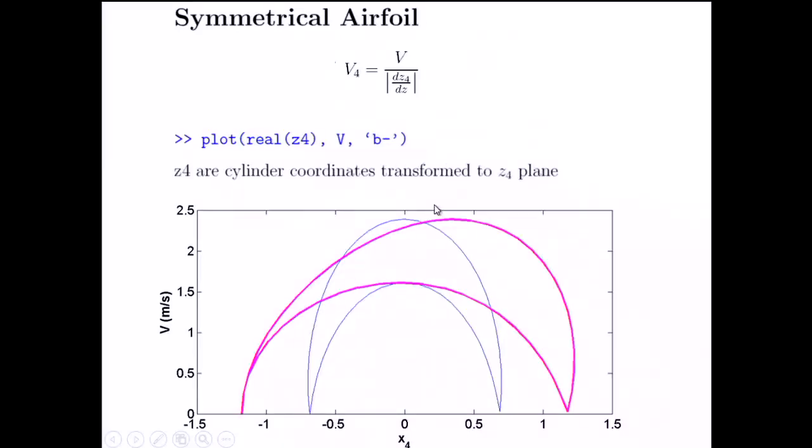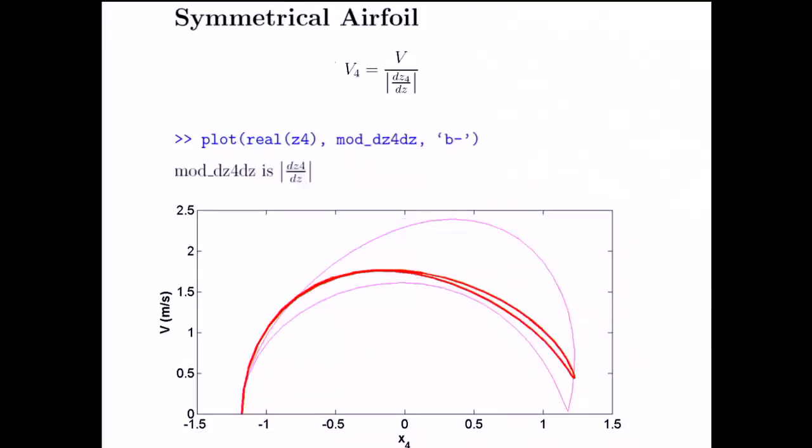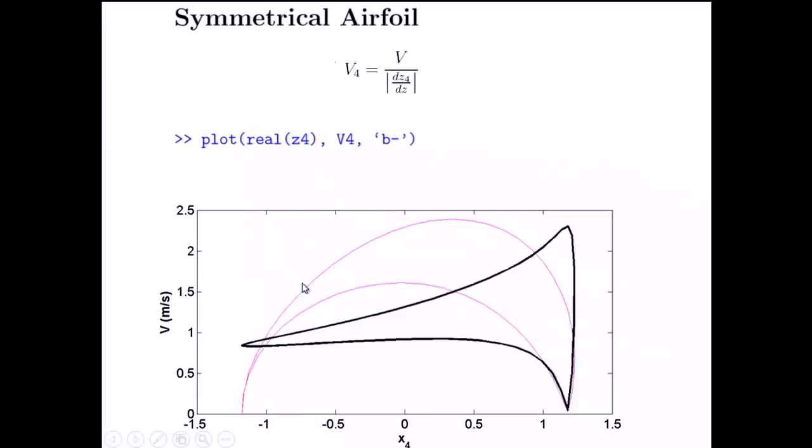And here is the velocity as a function of x in the transformed plane, x4. And this is the modulus of this multiplying factor. And finally, the velocity v4 we calculated.